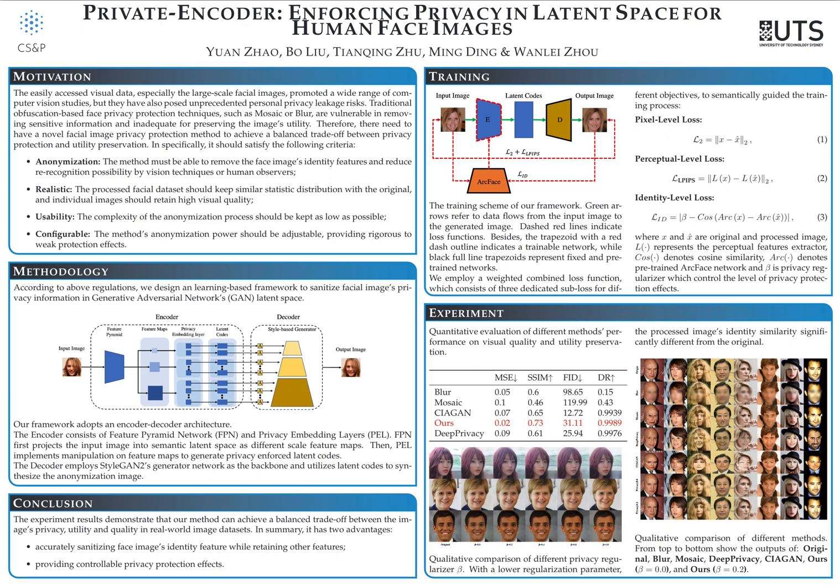The feature pyramid network will first project the input images into a high semantic and operable latent space as feature maps at three different scales. Then, the privacy embedding layers will implement the identity manipulation on these feature maps to generate the privacy enforced latent codes.